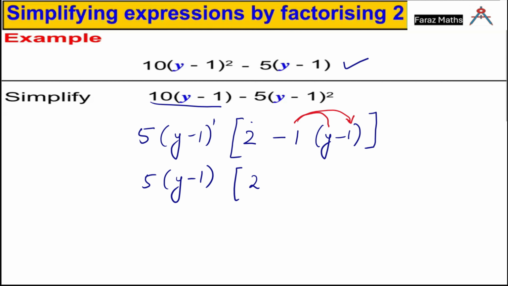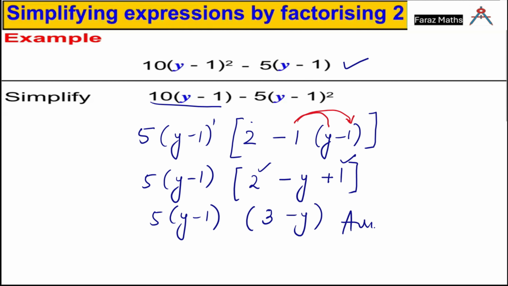We have to do this. So minus 1 times y is minus y, minus 1 times minus 1 is plus 1. Close the bracket. Then 5 bracket y minus 1, and then 2 plus 1. You have to add these two numbers. They are like terms, so it is 3 and then minus 1. That's our answer. Okay, coming to the next.